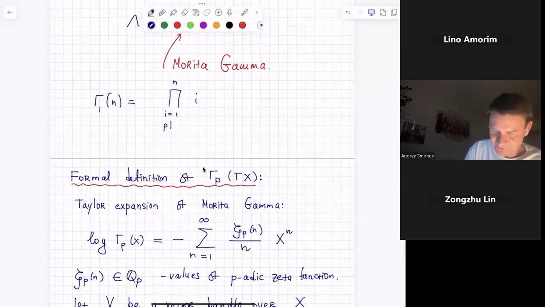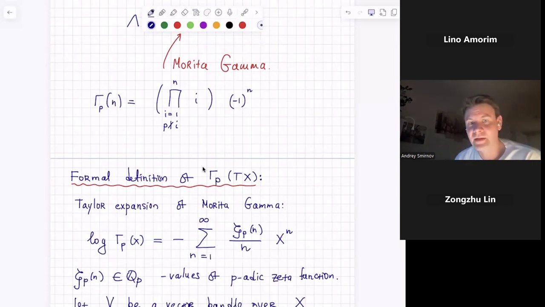So it's the Morita gamma function with index p. And then you multiply this whole thing by (-1)^n. So that gives you a definition of the Morita gamma function on integers, and integers are dense in Z_p. And so this definition extends to all p-adic integers.